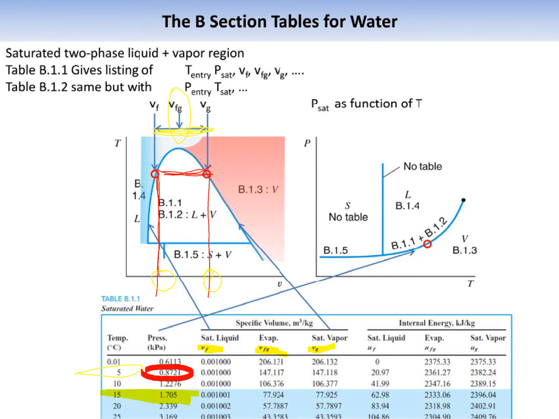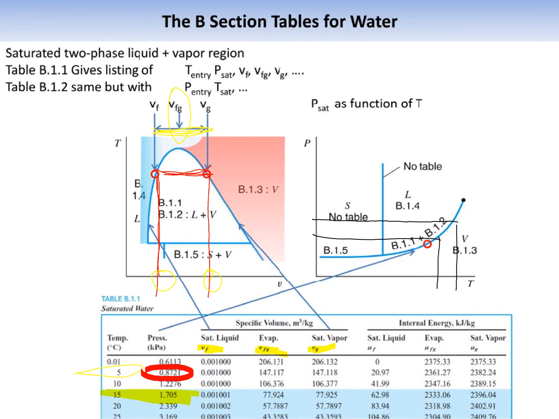We have already discussed it, but if we have a certain pressure, we have a certain boiling temperature for it. If we lower our pressure, the boiling temperature decreases, and if we increase the pressure, the boiling temperature increases.